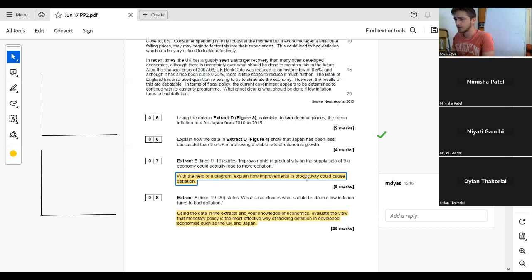But productivity is not something I associate immediately with aggregate demand. It's not something that easily fits in as an aggregate demand factor or something that affects consumption, investment, government spending. It's very much a supply side concept anyway. If you think back to micro, productivity is one of the factors that shifts aggregate supply. So we've got a very, very similar approach in macro, to be honest.